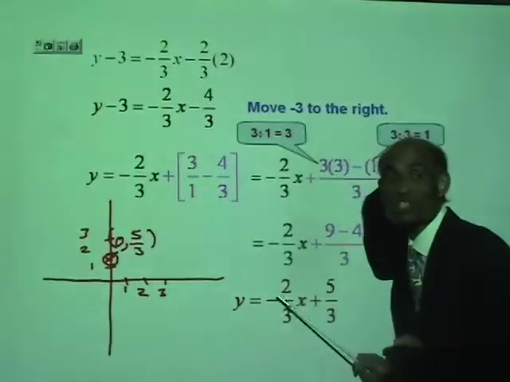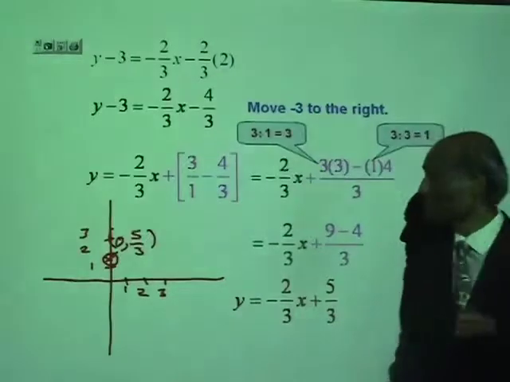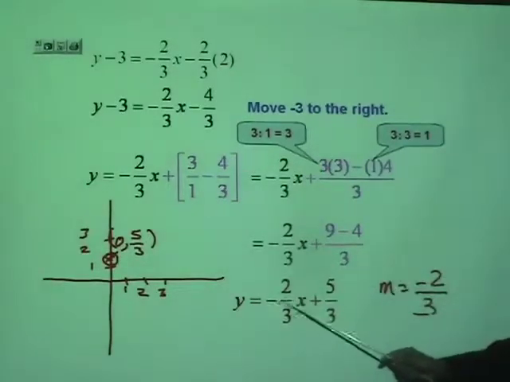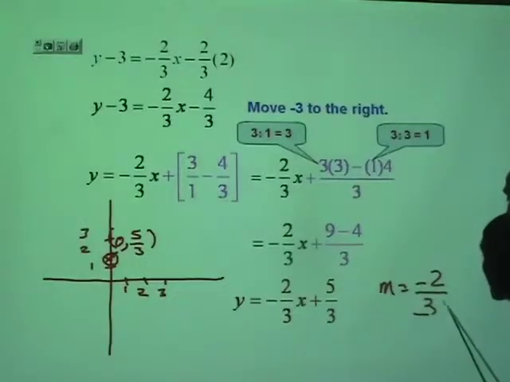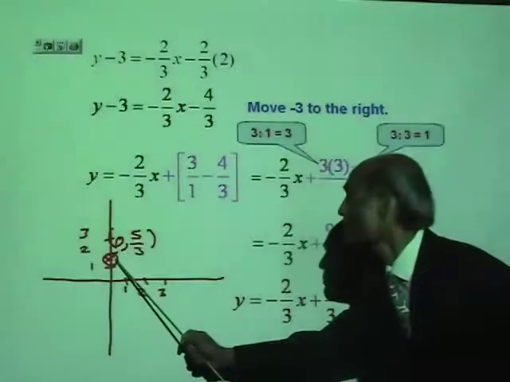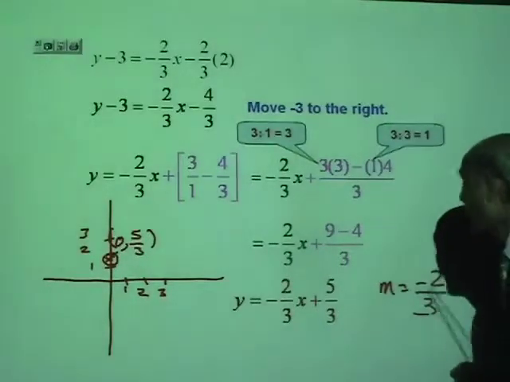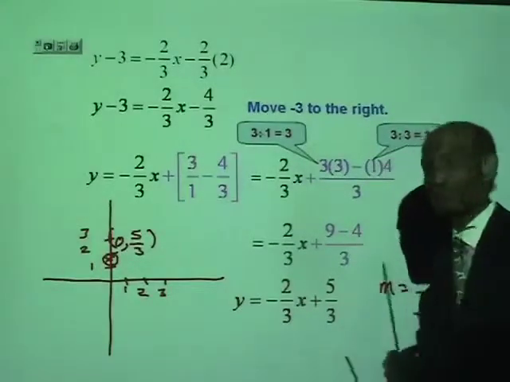Slope is negative 2/3. What does that mean? Negative 2/3, let me write that for you. Slope m equal to negative 2/3. I gave the negative sign on the numerator. What does it mean? If you walk 3 units to the right, then you fall. You see, rise is negative 2 means you fall 2 units.